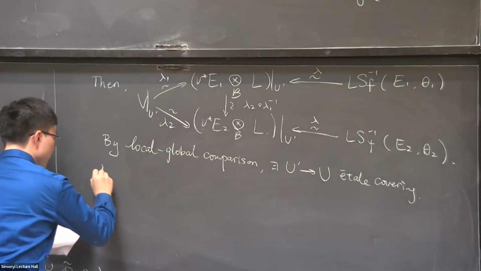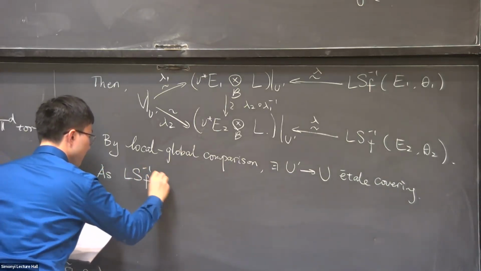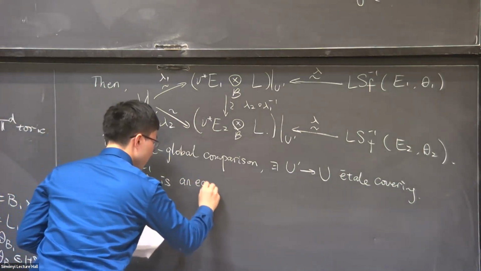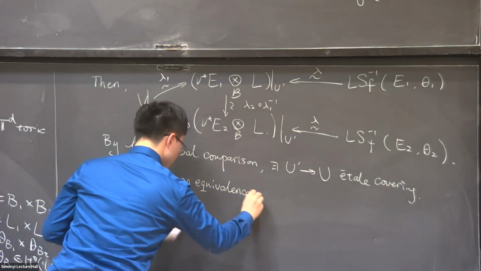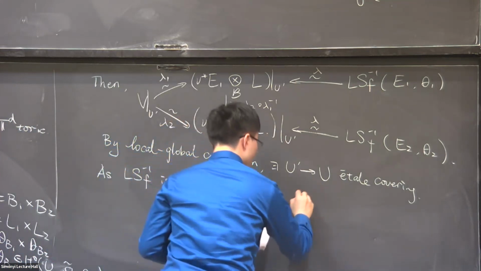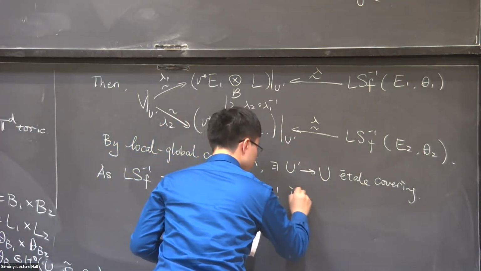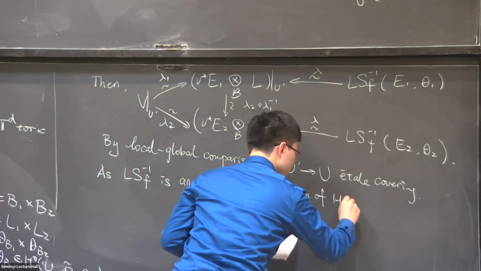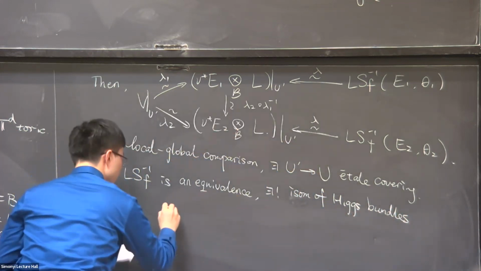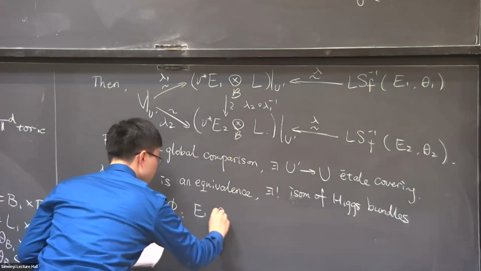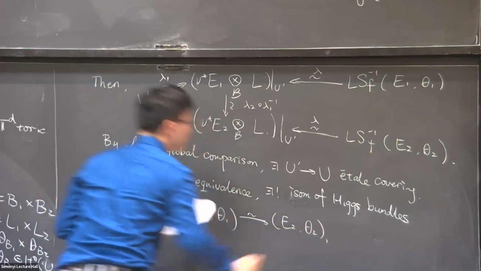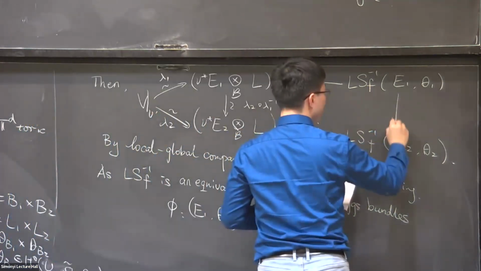Notice that as this local Simpson correspondence is an equivalence, there exists a unique isomorphism of Higgs bundles phi from E1 theta 1 to E2 theta 2, making this diagram commutative.